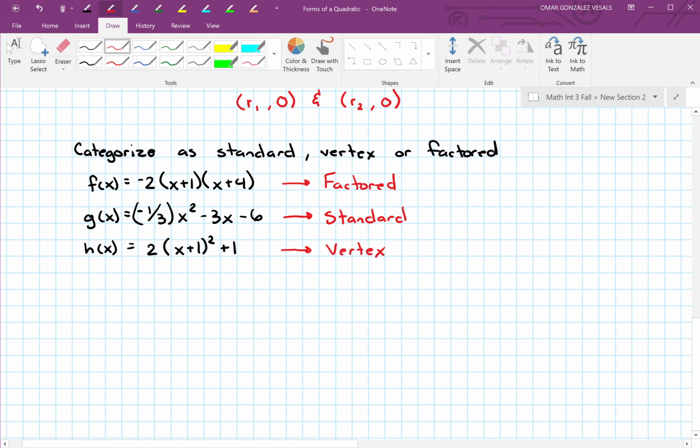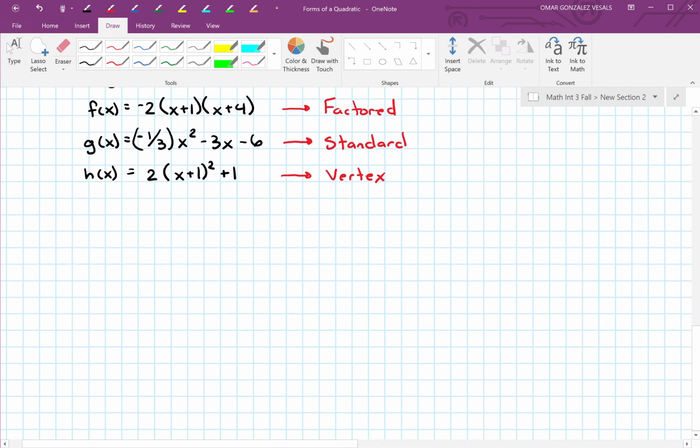Everybody okay with those so far? Alright, we're going to graph these right now. Okay? So we're going to start off with the first one, which is graphing in factored form.